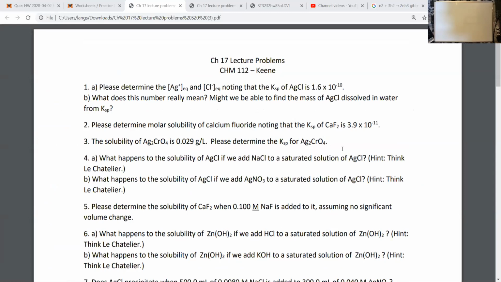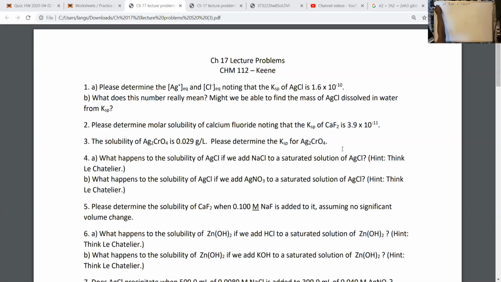Let's see, please determine the equilibrium concentration of those two. Okay, so I'm just going to write down the Ksp. The Ksp of AgCl is 1.6 times 10 to the negative 10.